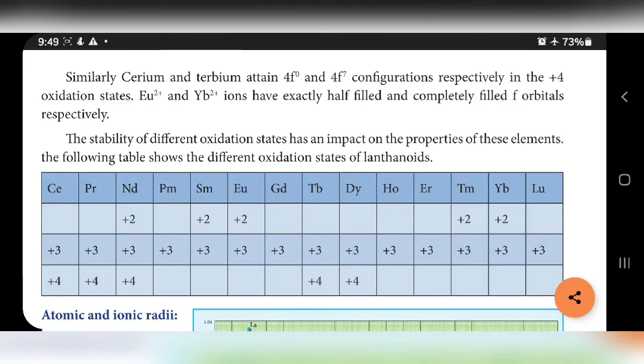Similarly, cerium and terbium have 4f0 and 4f7 configurations respectively in the 4+ oxidation state.